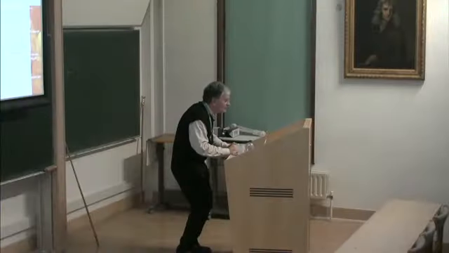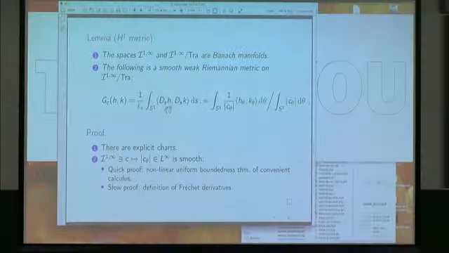So let me go back to this H1 dot metric. Where was the definition? Here. And you see that the problem is the following. The derivative with respect to arc length corresponds to the covariant derivative.